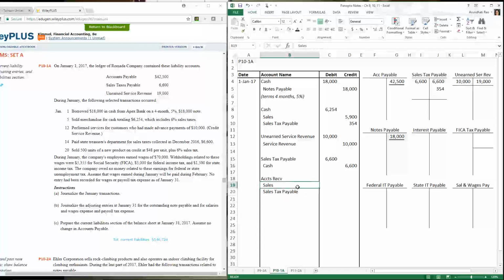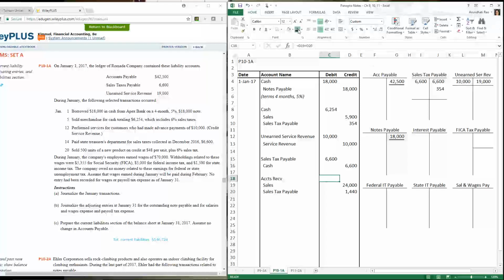So let's start with how much I collected by way of sales, or how much I'm going to record as sales. 500 times 48 is $24,000. On that, I collected 6%. So 24,000 times 6% gives me 1440.